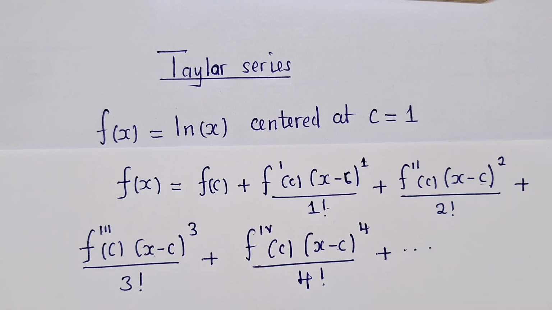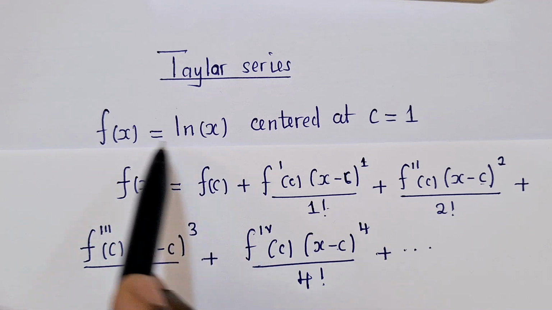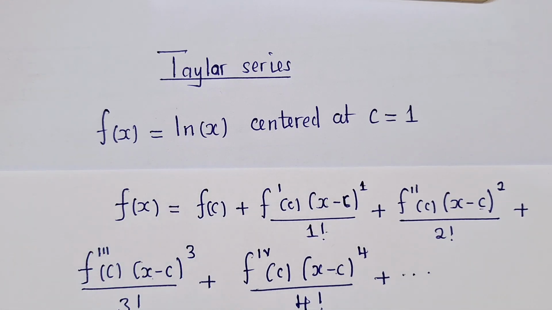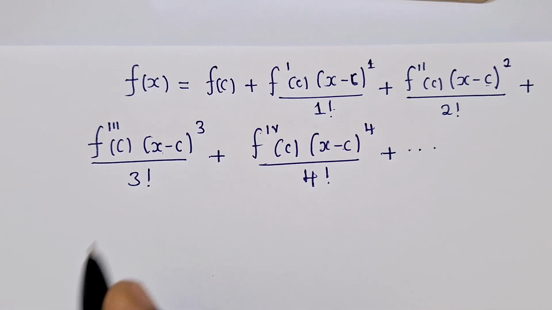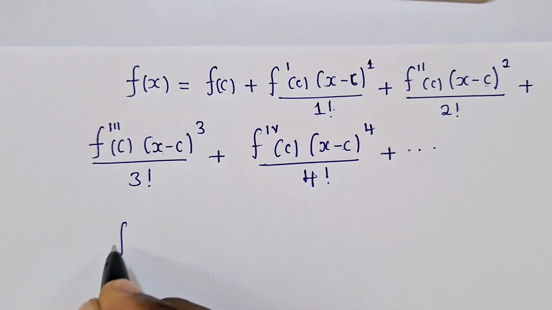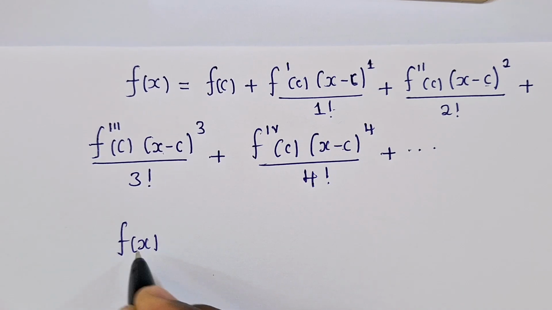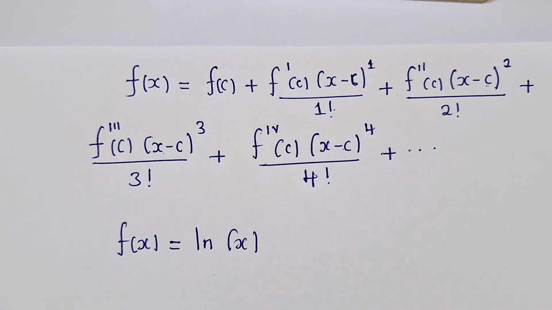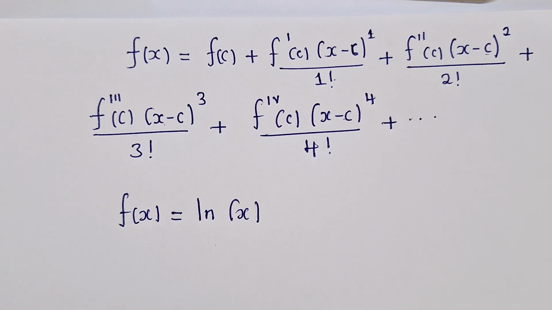Once you get to do that, you now get the given function, which is f(x) equal to ln x. So this is the function that we've been given. We'll start finding the derivatives.